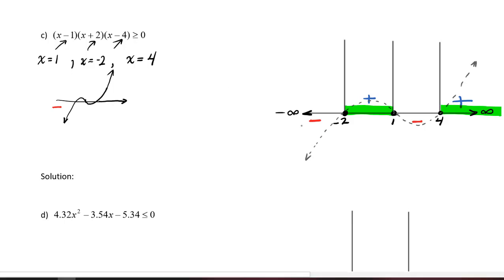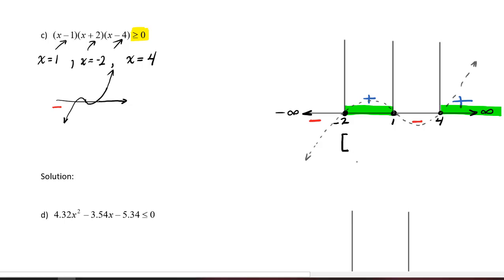Writing the interval, I have to double check what my inequality says. It says greater than or equal to 0, so I have to include the endpoints because the endpoints are where my inequality equals 0.